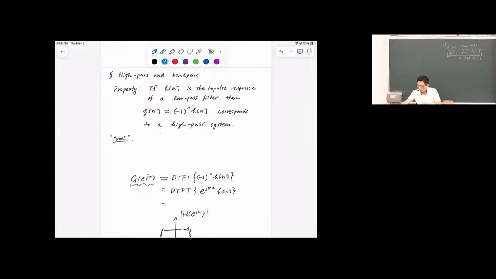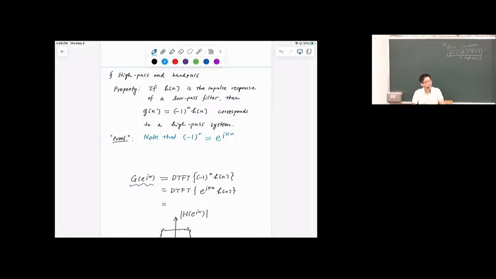Why is this going to be a high pass? The first thing to notice is that (-1) to the n is a periodic signal itself. It equals e to the j pi n, right? e to the j pi is -1.